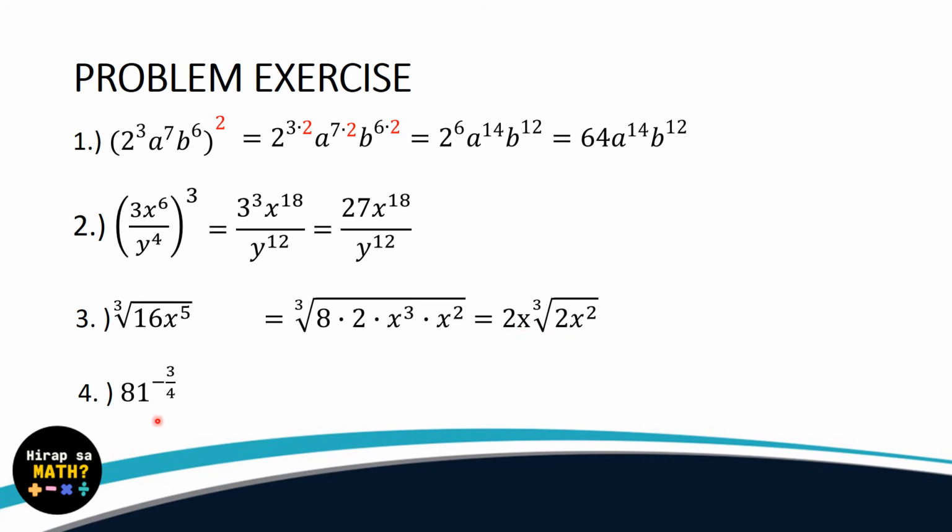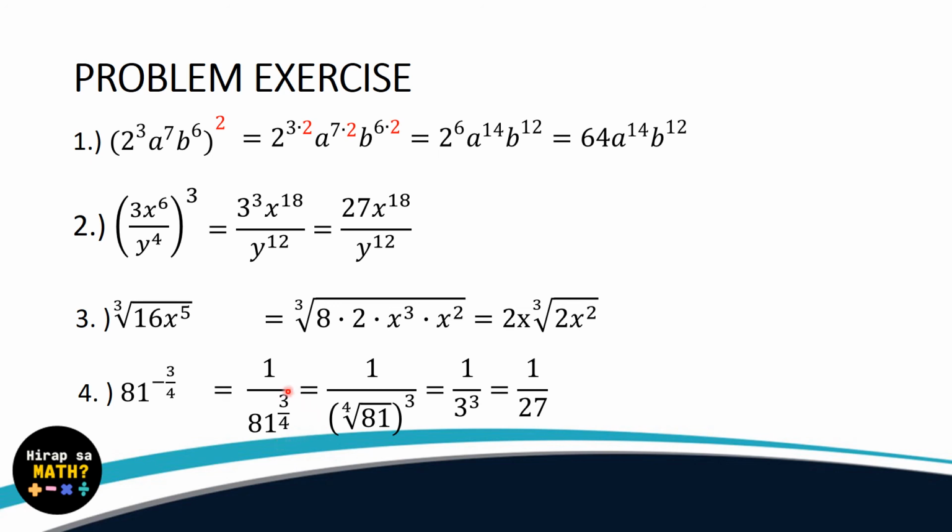Next, 81 raised to negative 3/4. So, basta ang exponent mo ay fraction, magiging kang ganito. So, meron kang root or radical sign. So, ang gagawin natin para maging positive to, by the negative rule of exponent, bababa lang siya. So, 1, tapos sa denominator na siya, 81 raised to 3/4.